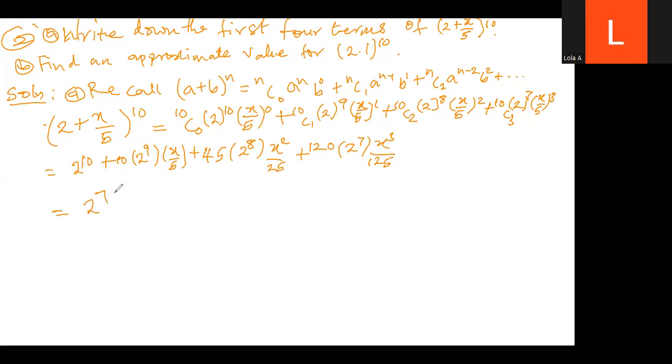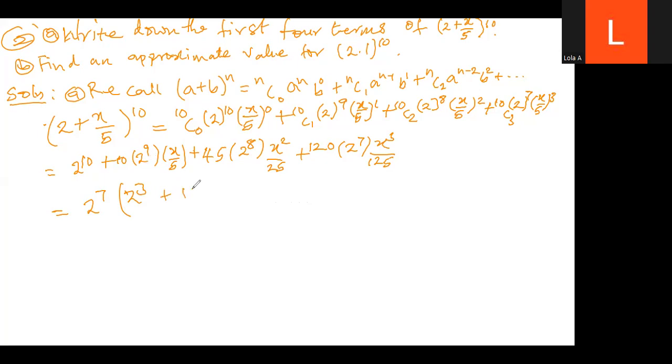So 2 raised to power of 7 will be common, and this will reduce. So the first term, which is 2 raised to power 10, will now reduce to 2 raised to power 3, plus this one will reduce to 2 raised to power 2.